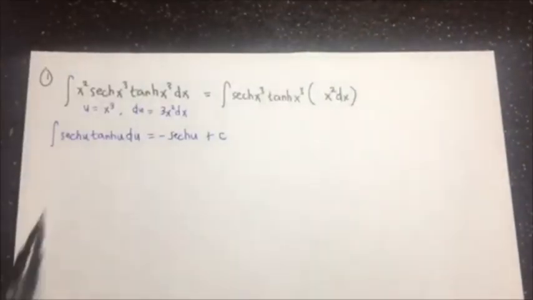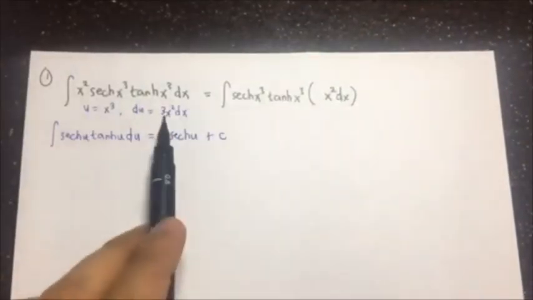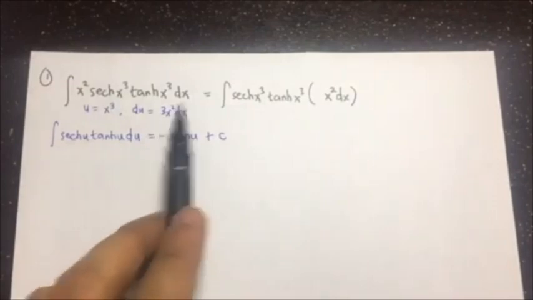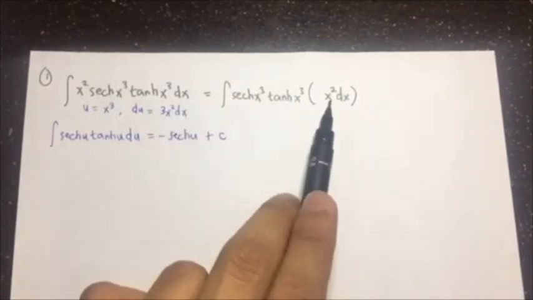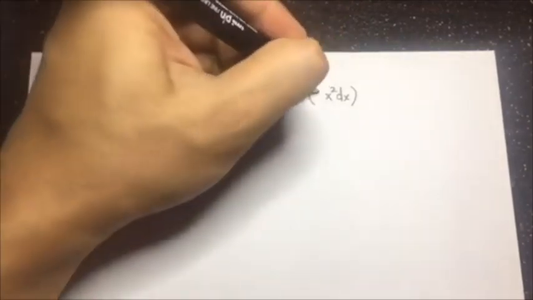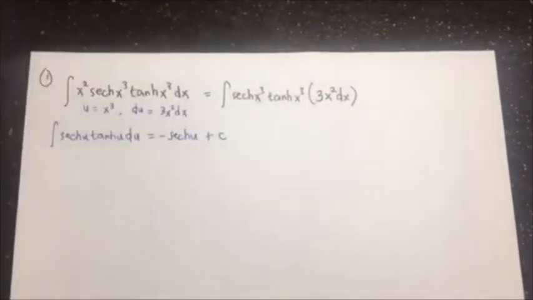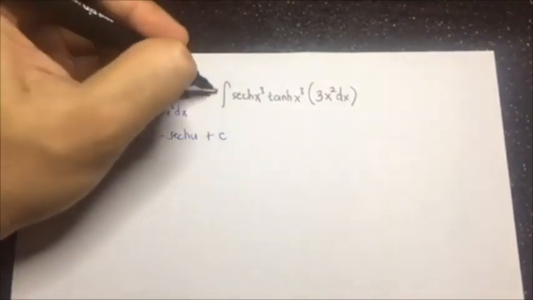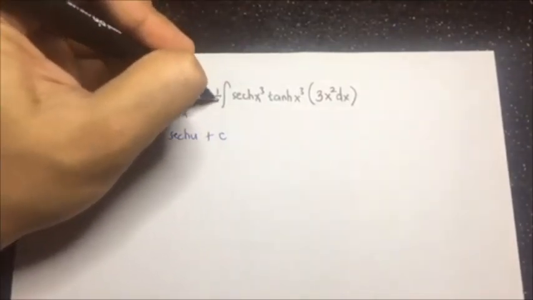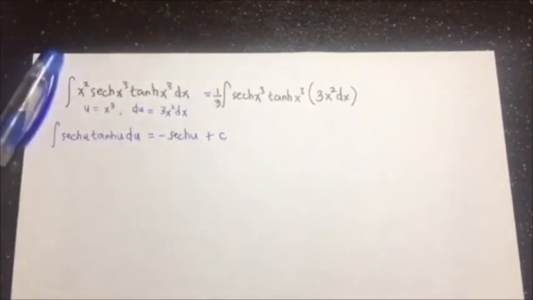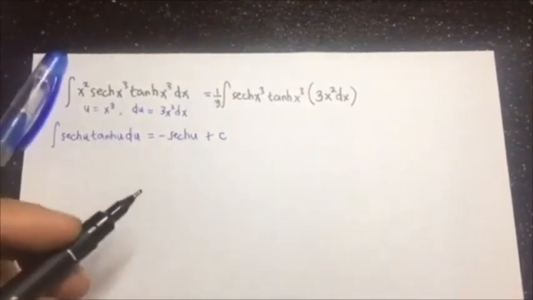To complete the differential, the complete differential is 3x squared dx, so this is only x squared dx, so we need to place a coefficient there, 3. To balance that, outside the integral sign, write the reciprocal of 3, which is 1/3.